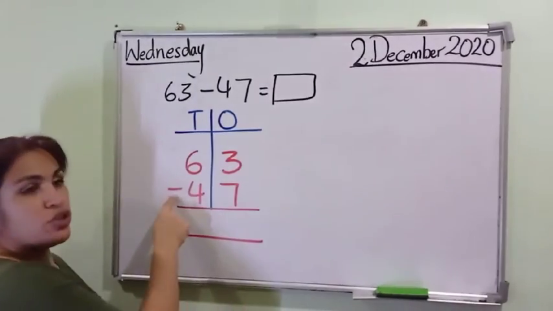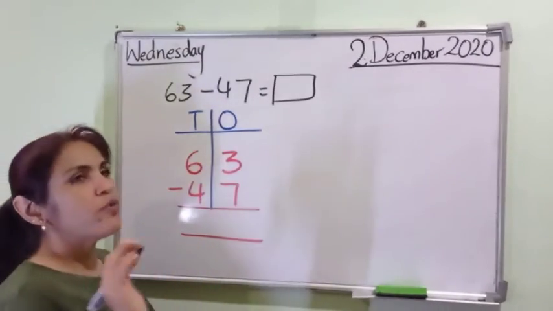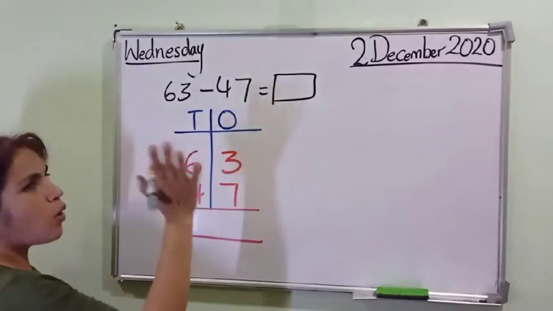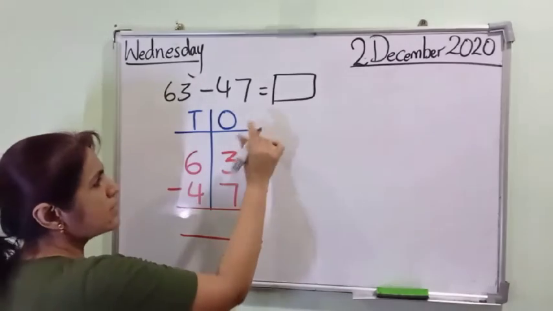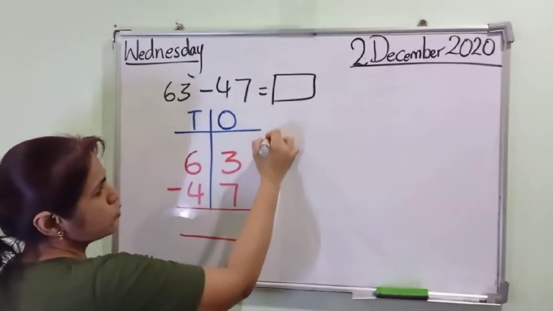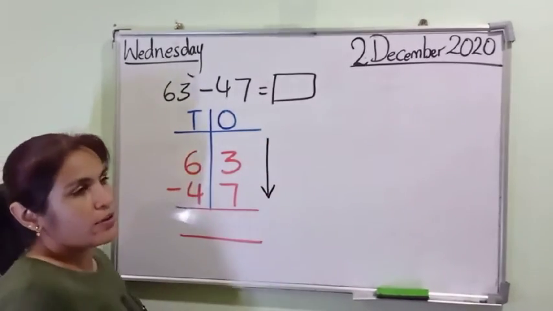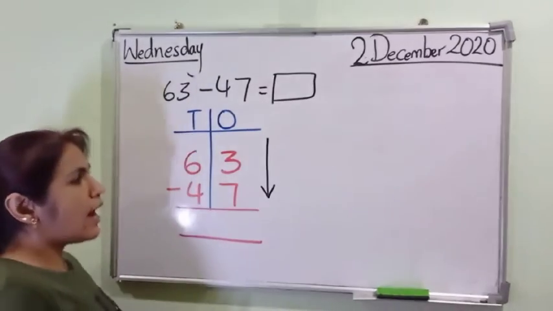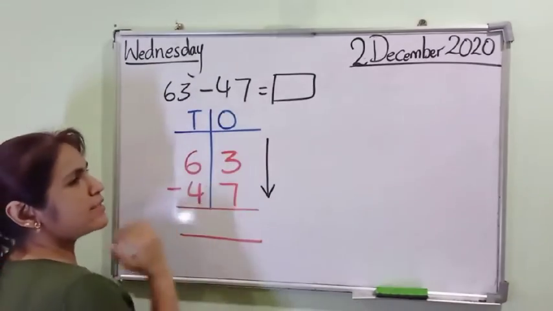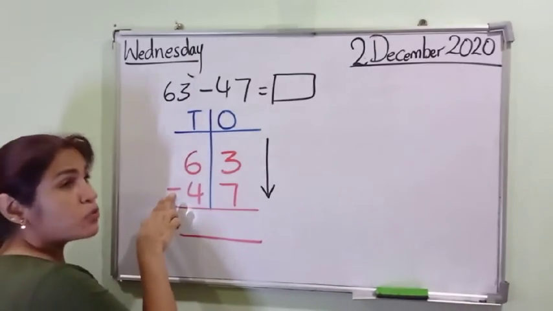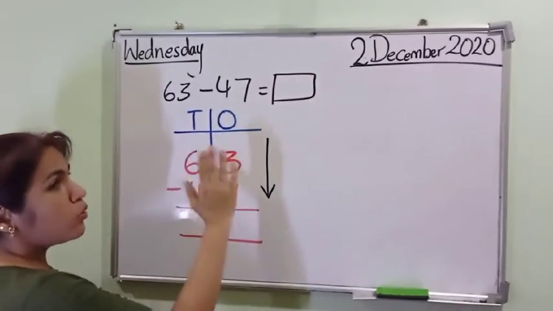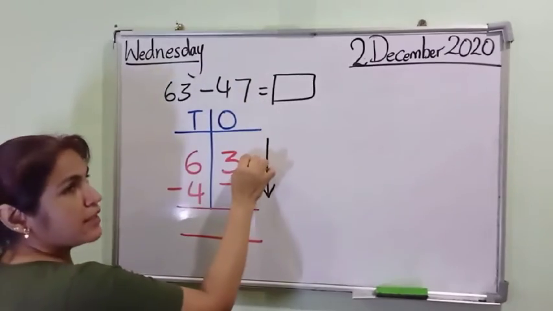Now the equation is subtraction. Whichever equation it is, we always start from the right hand side, that is our ones. Okay, so I'm going to draw an arrow on the right hand side. Now I'm going to look at the numbers on the one side. Then I'm going to look at the symbol. This is subtraction. So always on top there should be a bigger number.